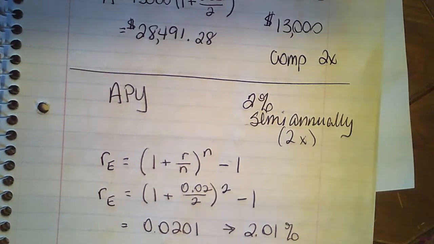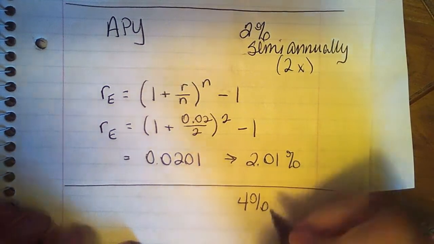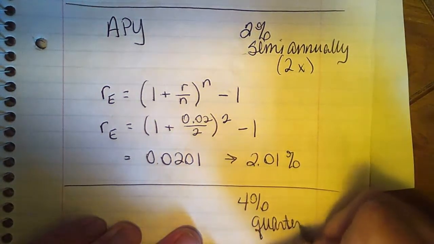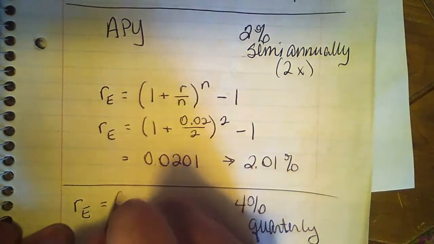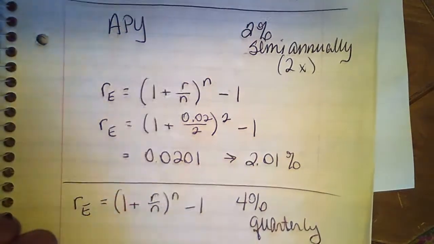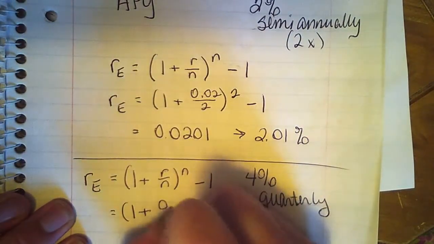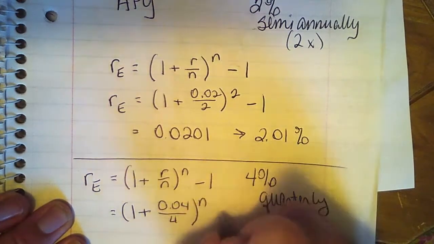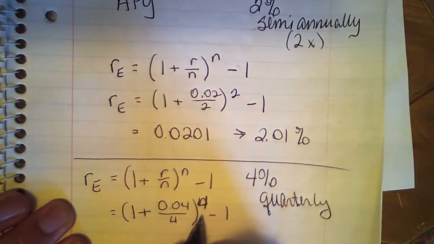So let's try it again. We have 4% compounded quarterly, which is 4 times per year. So my effective rate is 1 plus R over N raised to the N, minus 1. So 1 plus 4% is going to be 0.04, quarterly is 4, raised to the 4th power. Okay, that says 4, sorry.